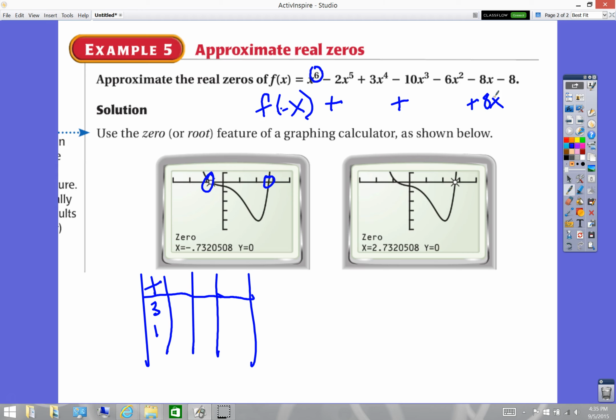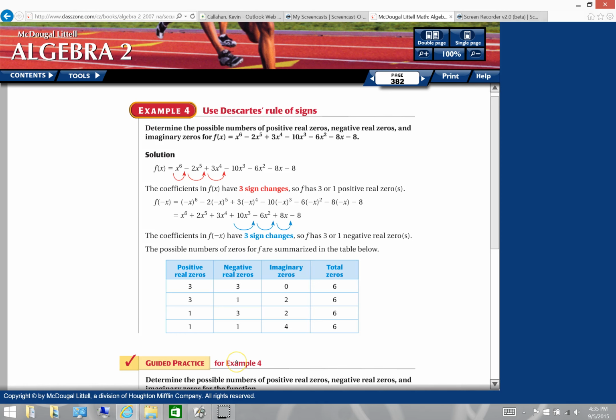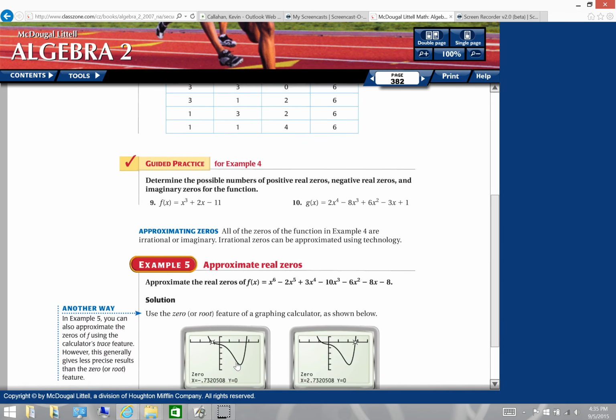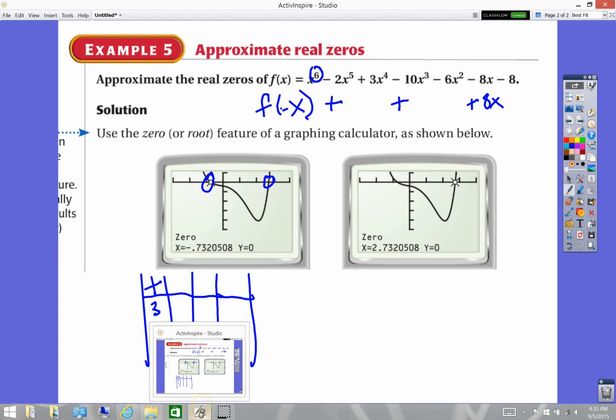Is that the one we looked at before? Let me go back to the textbook. I have a feeling that's actually the one we already looked at, isn't it? 6x squared minus 8x. Yeah, that's actually the same one. So we're actually repeating an exercise that we already did.